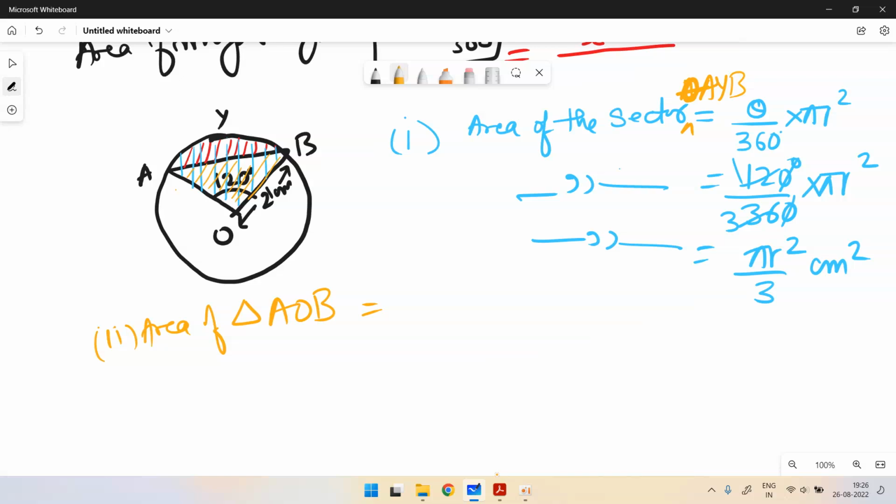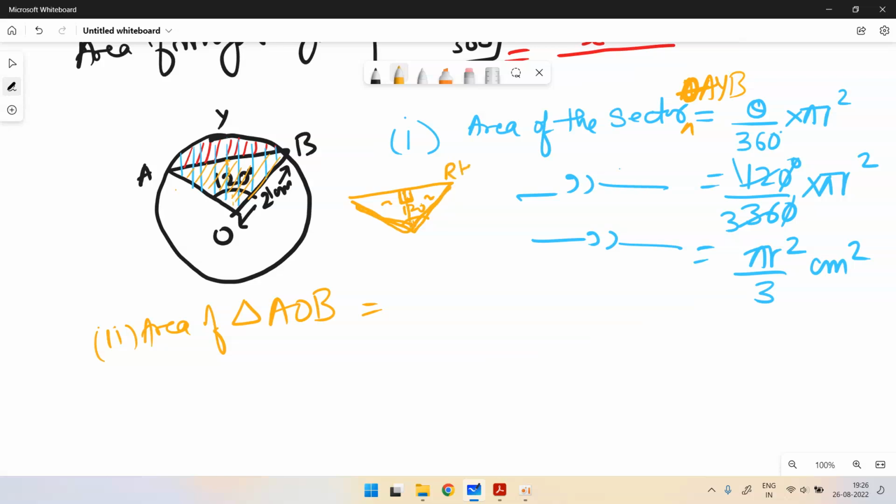If you drop a perpendicular from here to here for this triangle, it will bisect this. I already know why, because this triangle is congruent to this triangle. This is a right angle, the hypotenuse is the same because it is the radius of the circle, and one side is common.